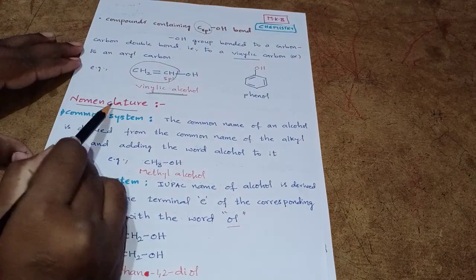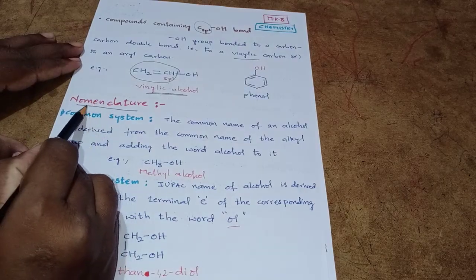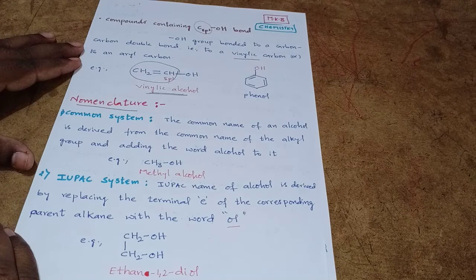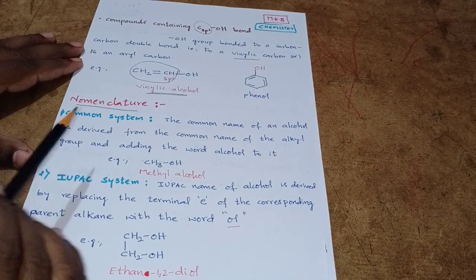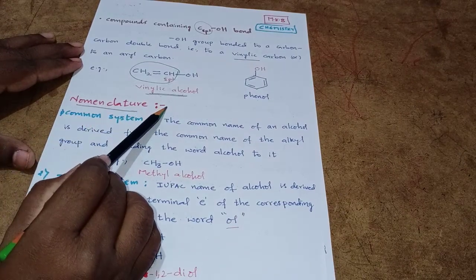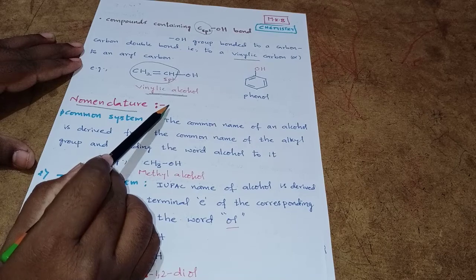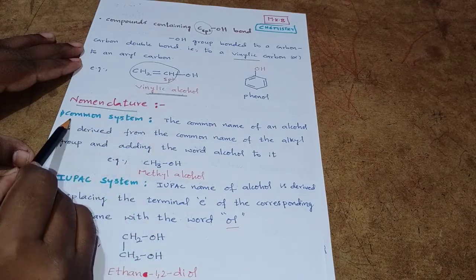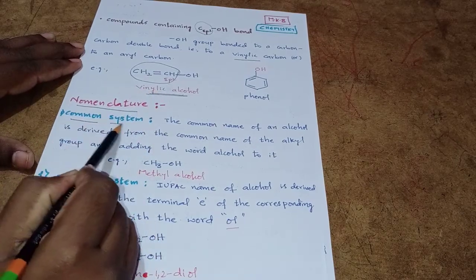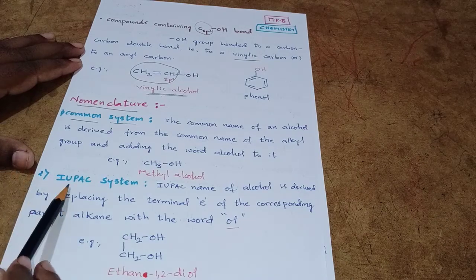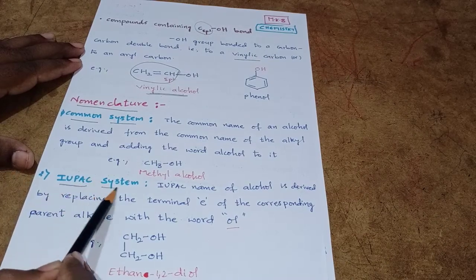So in today's class we shall discuss the nomenclature of alcohols. Any organic compound can be named in two ways: one is by common system and the other is by IUPAC system.